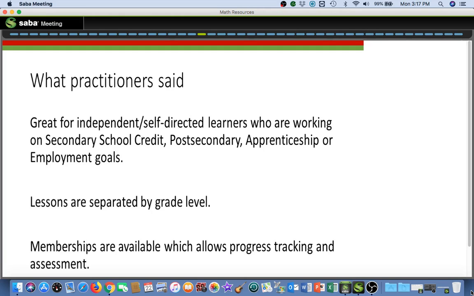I'm going to ask the question, is it challenging or is it a benefit to have materials that are grade related? As experienced practitioners, are you able to look at, for example, a grade 5 math question and be able to relate that to an adult learner? Or do the grade levels get in the way? Challenging, yeah.